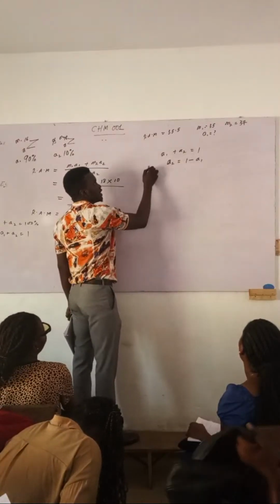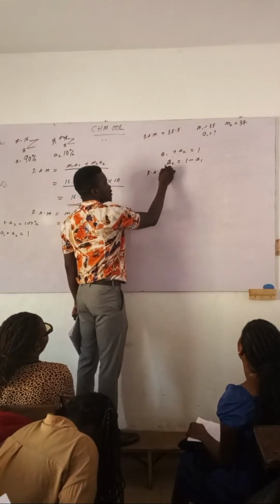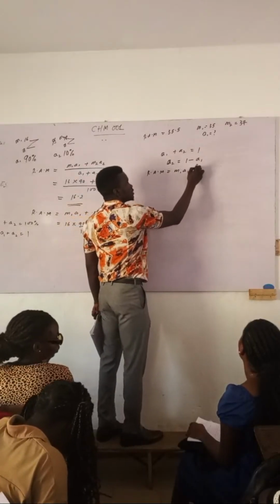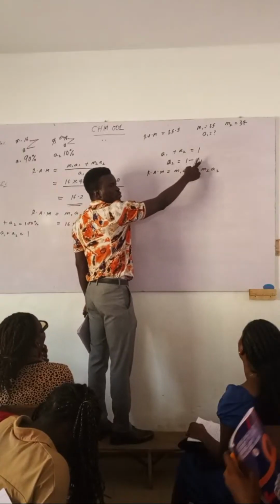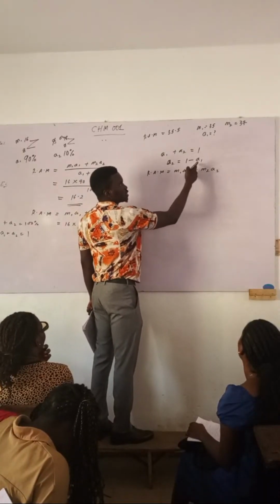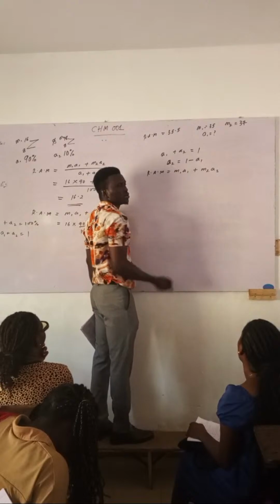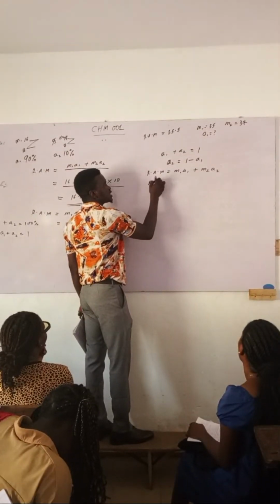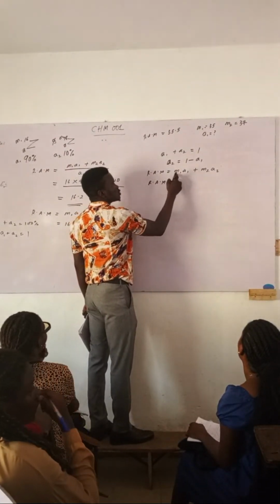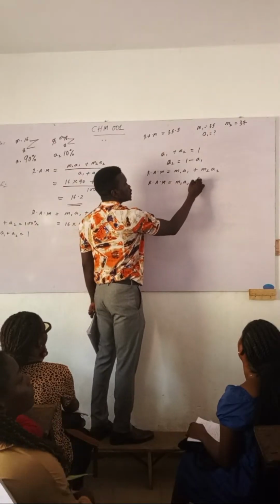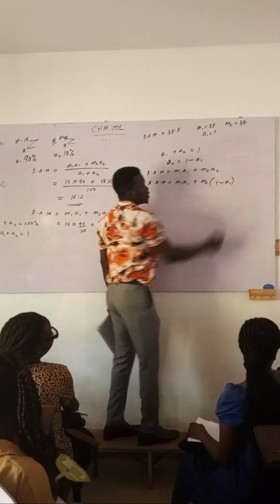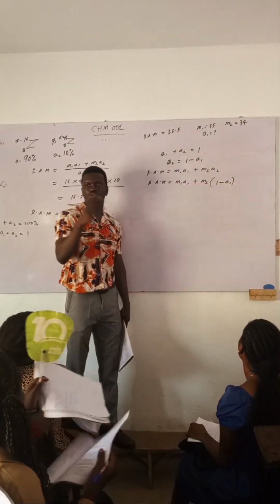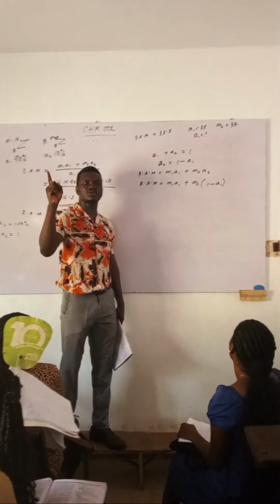So if I write my relative atomic mass, which is equal to M1 A1 plus M2 A2, my A2 is already 1 minus A1, so that this unknown can be reduced to just what I know. Then the relative atomic mass is going to be M1 A1 plus M2 into 1 minus A1. Meaning that I've reduced the 2 unknowns to just 1 unknown.